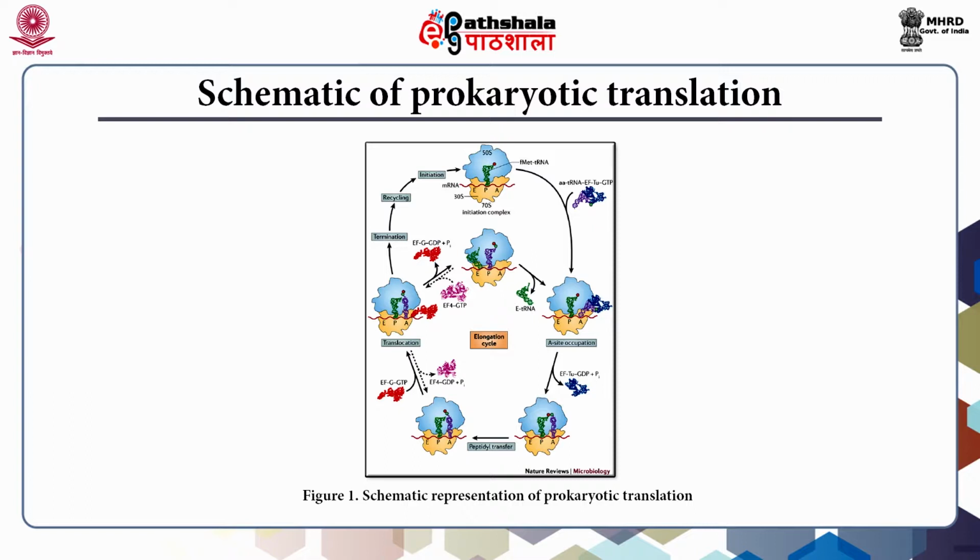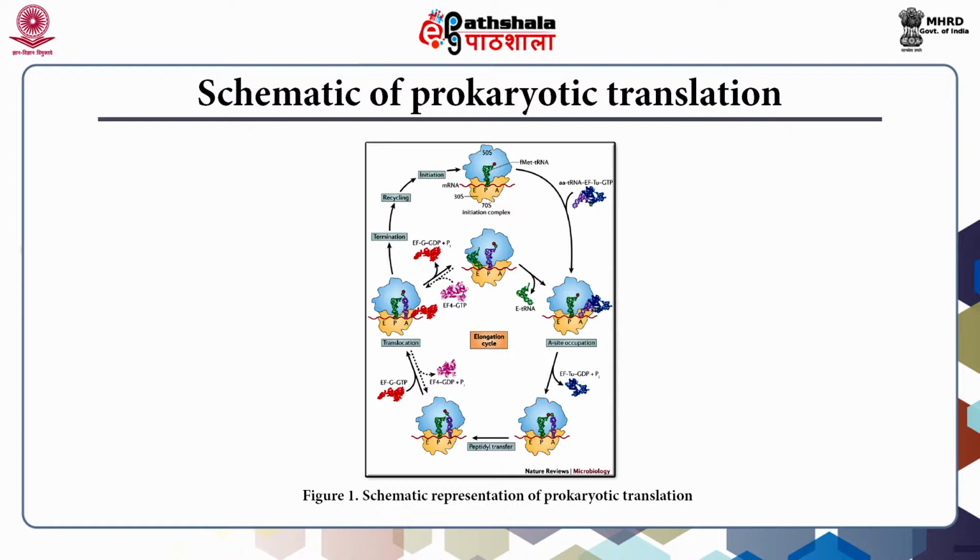Once the initiation complex is formed, the ribosome then enters into the elongation stage. The subsequent aminoacyl transfer RNAs bind to the A site of the 70S ribosome.